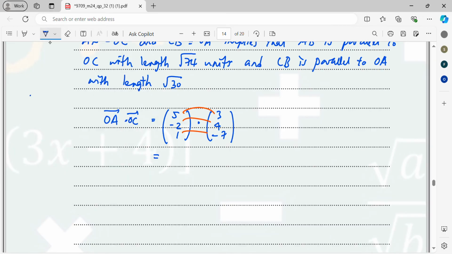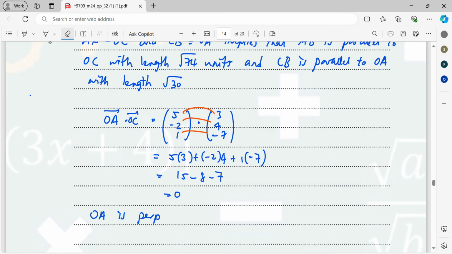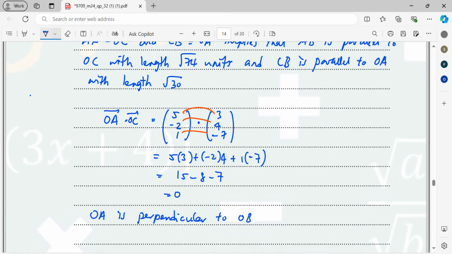Then you will be getting 5 times 3 plus minus 2 times 4 plus 1 times minus 7. So this is going to be 15 minus 8 minus 7, which is obviously 0. So OA is perpendicular to OC, because the dot product of OA and OC is 0.